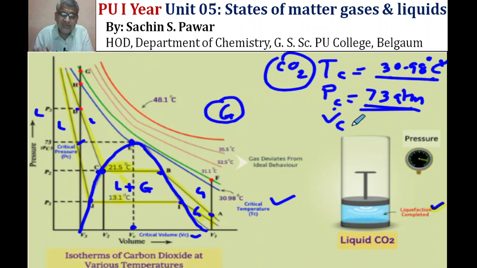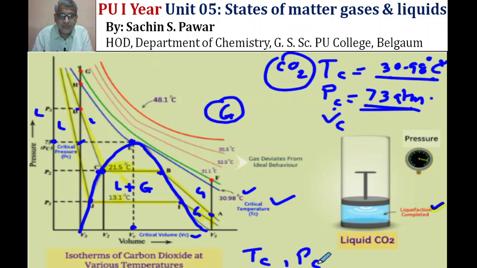So we have come to the critical phenomena. Critical temperature is the temperature at and above which gas cannot be liquefied, however high the pressure may be. Critical pressure is the minimum pressure required at critical temperature so that the liquefaction begins.